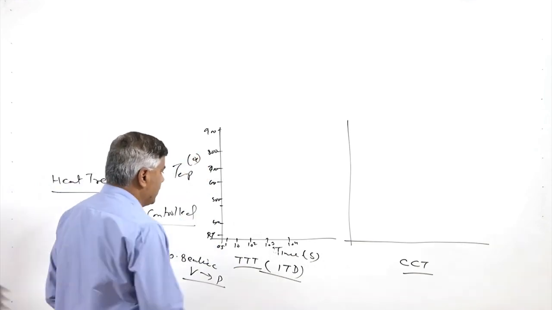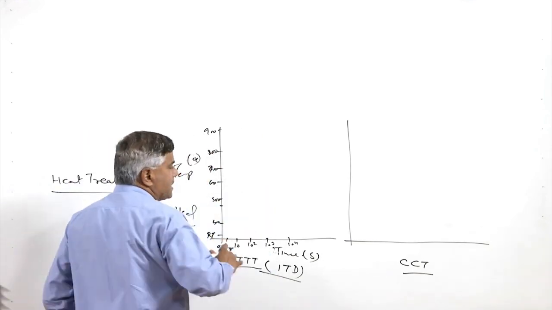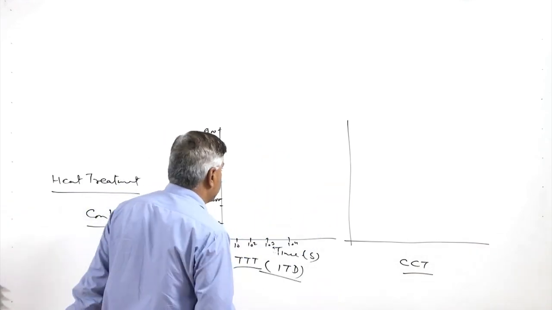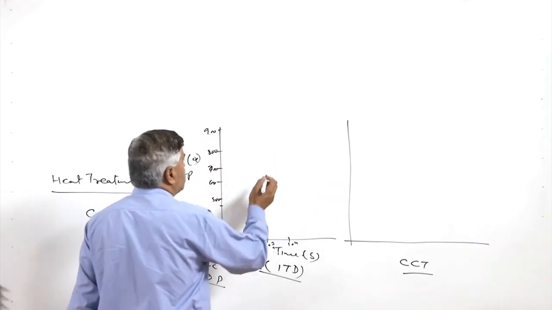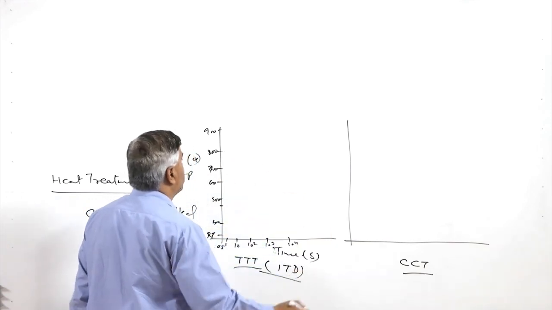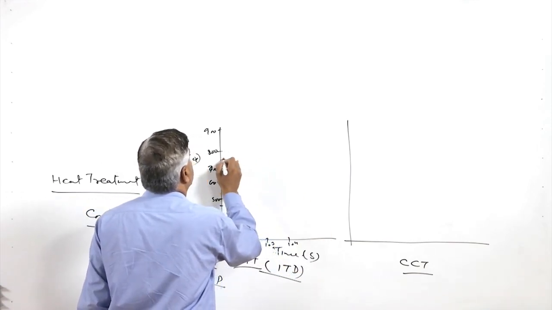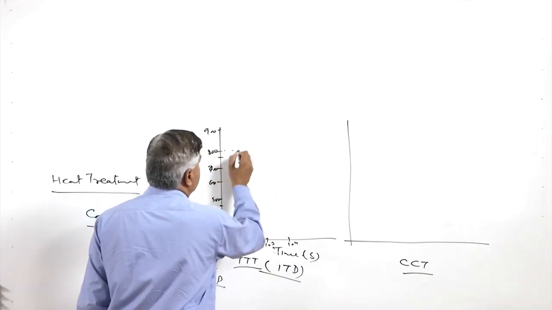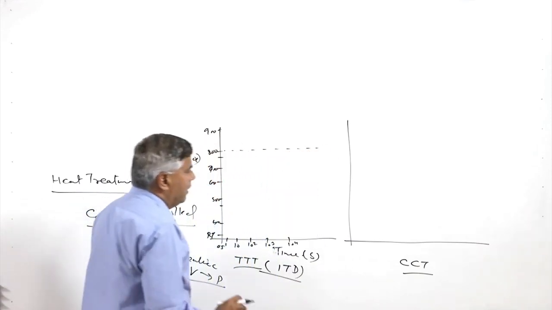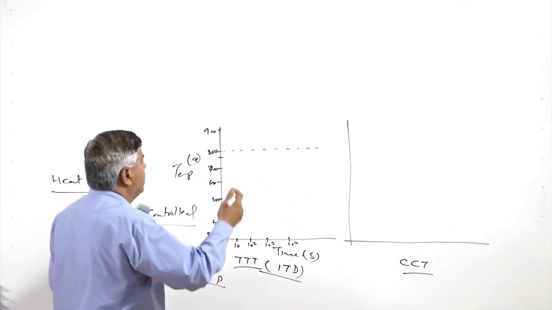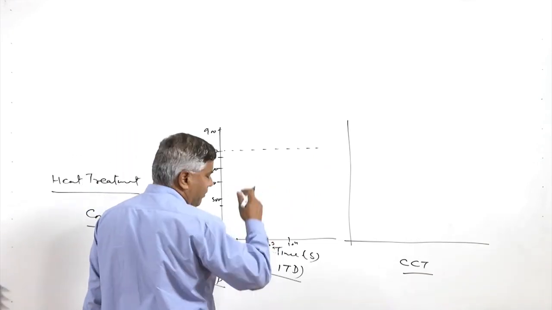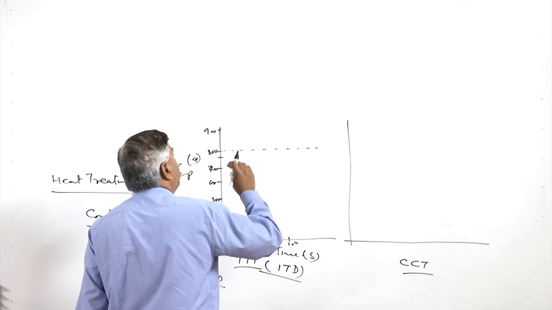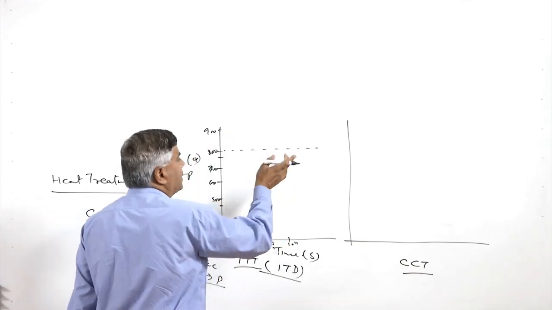So, what we see is, when the steel is heated to the homogeneous austenitic state, what happens when it is exposed to different constant temperature values. Say the upper critical temperature for a given steel is 800 degree centigrade. There will not be any transformation from austenite to other phases above 800 degree centigrade.